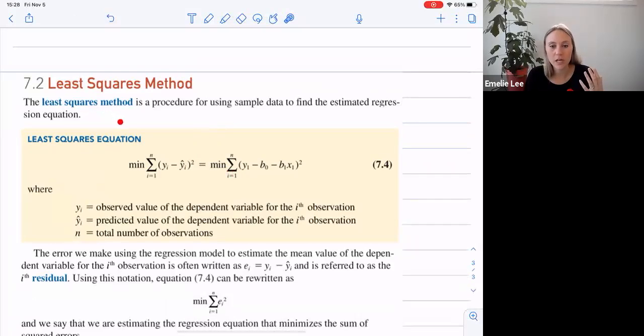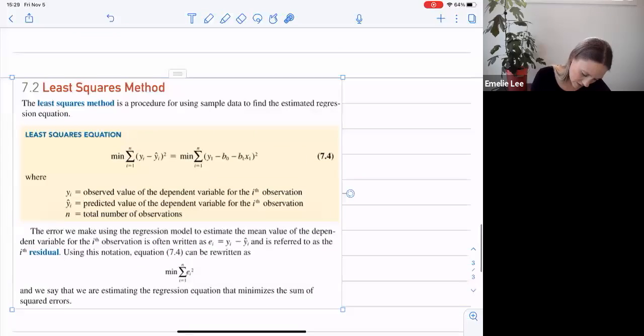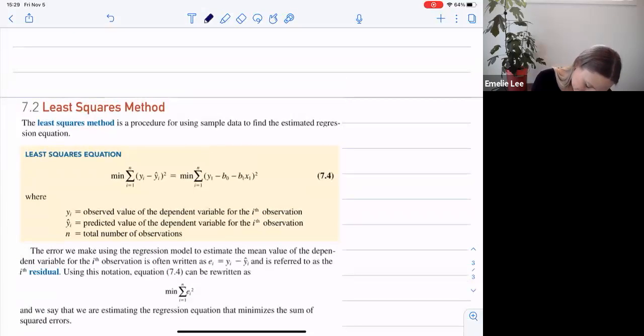So you might have heard of least squares regression lines.